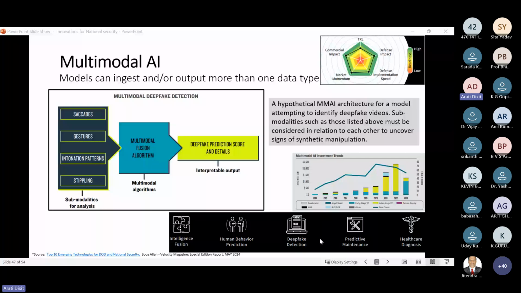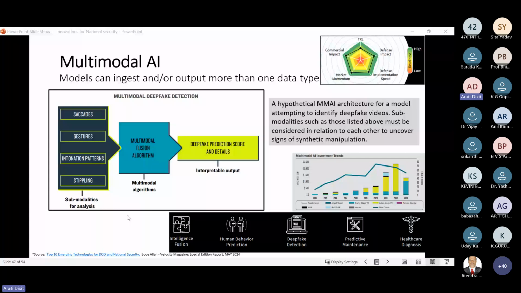And yes, if you look at the radar chart and the investment chart here, they look quite promising. A lot of room where we can actually contribute towards this technology, right? And so this takes us to the next technology, which is non-kinetic counter UAS, unmanned aerial systems.